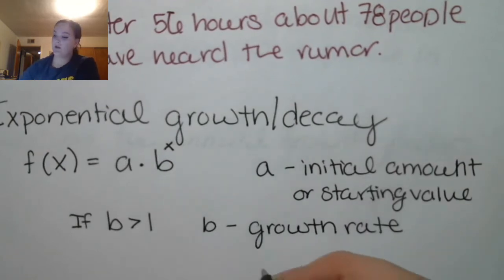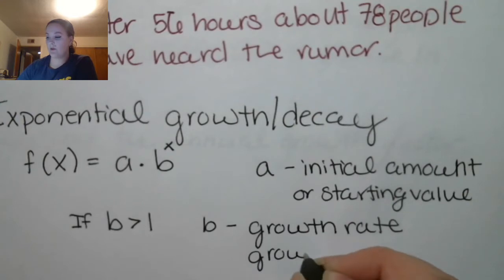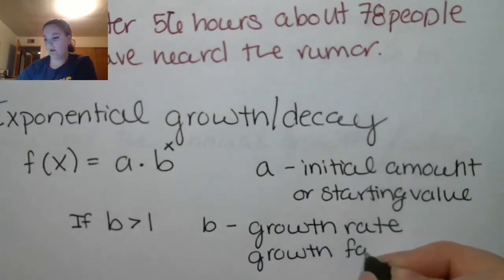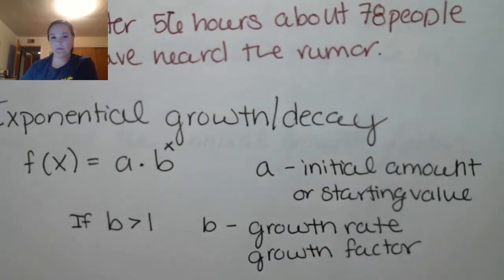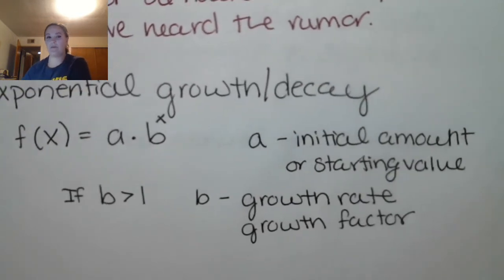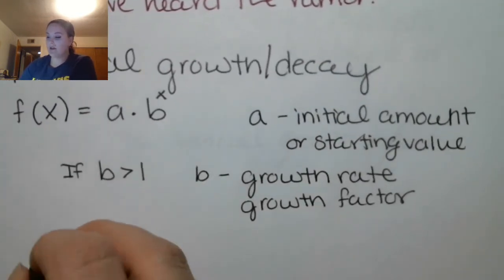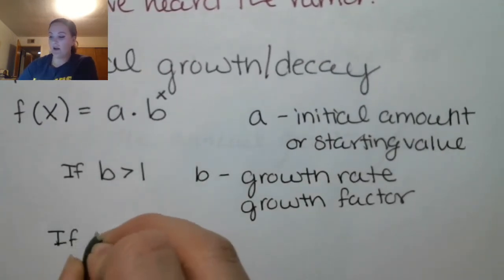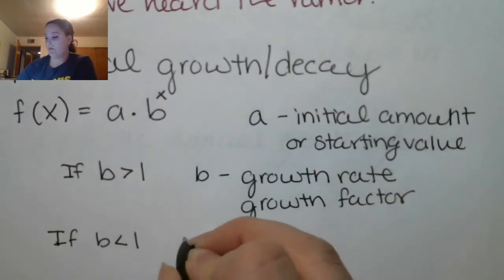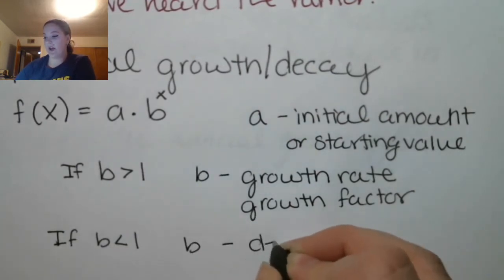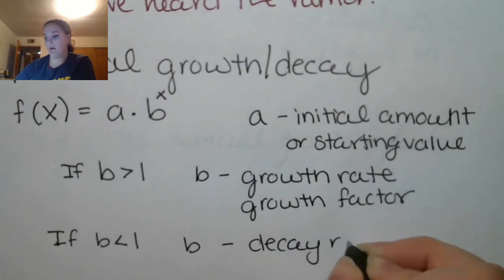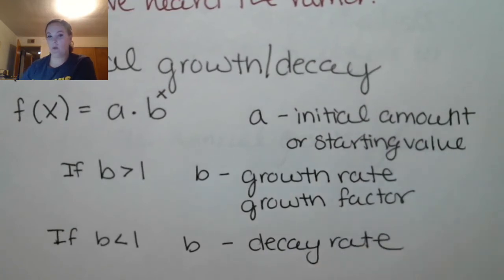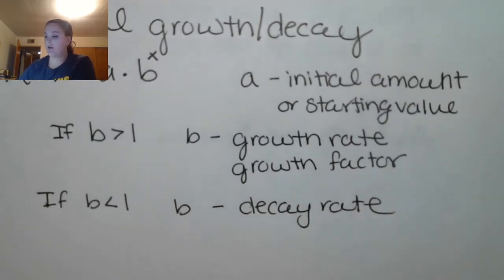It is also sometimes called the growth factor. Now if b is less than 1, it has a different name. This is called the decay rate, or the decay factor.